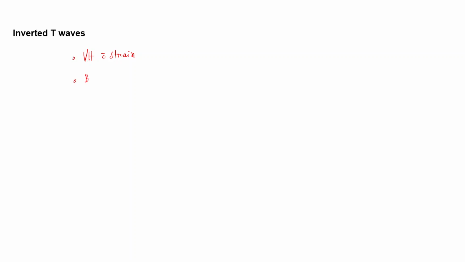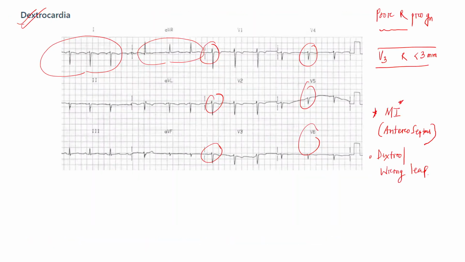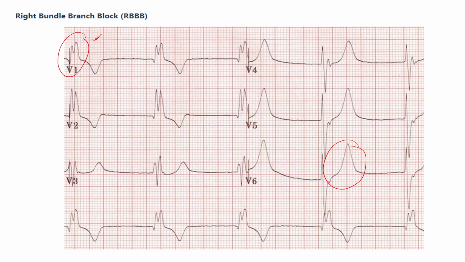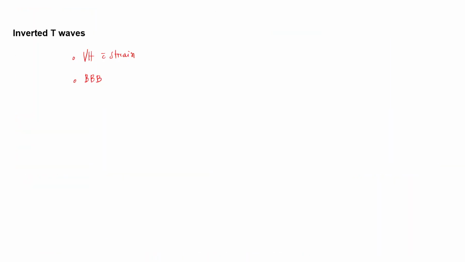Whenever you have bundle branch blocks, you will get inverted T waves. If you remember the previous image of bundle branch block that I have shown you, as you can see here, whenever there is a bundle branch block, there is always associated inversion of T wave. So that also you have to remember.